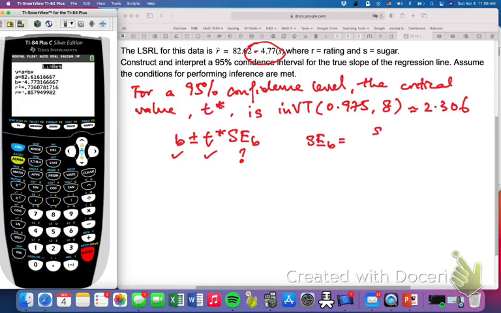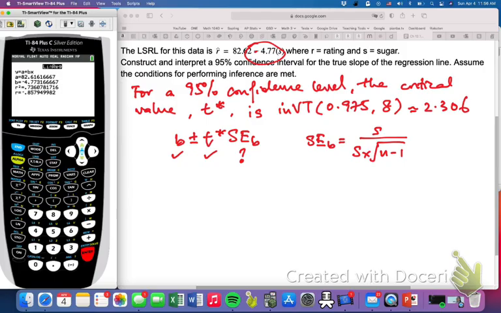The standard error of the slope has this really wicked formula: S, which is the standard deviation of the residuals, divided by Sx, which is the standard deviation of the x variable, then further divided by the square root of n minus 1. It's pretty tedious to go through that to find the standard error of the slope.